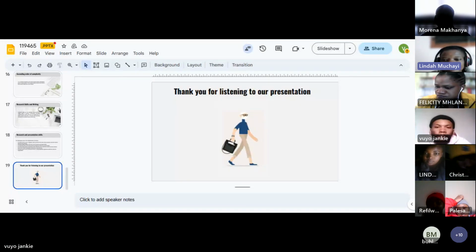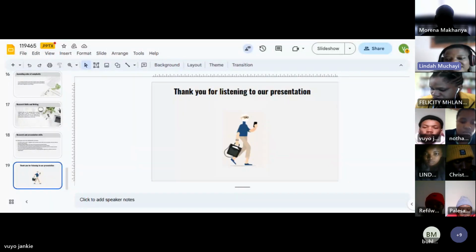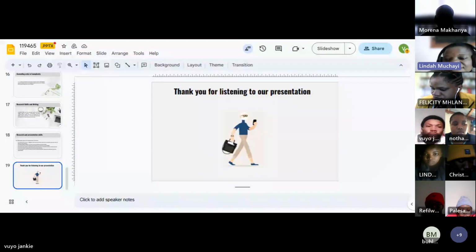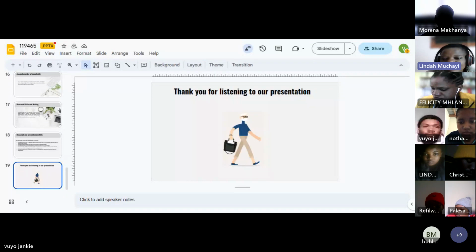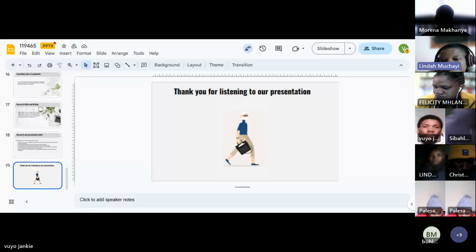We are all adults. Okay, when it comes to research, we've got two categories of research: qualitative and quantitative research. Qualitative, you are not making use of figures. Maybe data collection can be done by interviewing people.